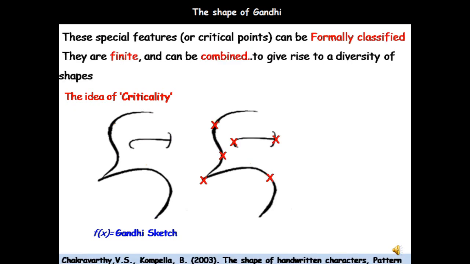For example, there is a smooth bump in the beginning, then it moves to a sharp inflection and once again a smooth maxima sort of a curve. So these are the special events, and global shape is a set of local shape features.